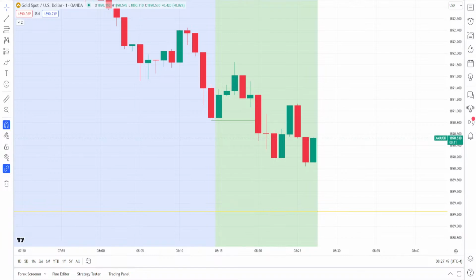We may have to get set up here. I'm going to set my levels. It moved pretty fast, so if anything, we're going to set a stop order when it comes back down to the entry.